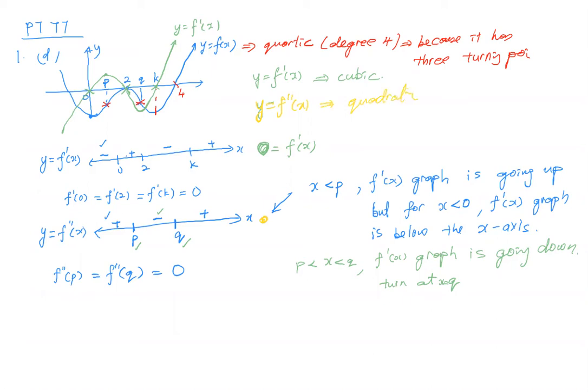So it passes through this point P, passes through this point Q: above, below, above. So this will be y equal to f double prime x. Is that okay? Okay or not?